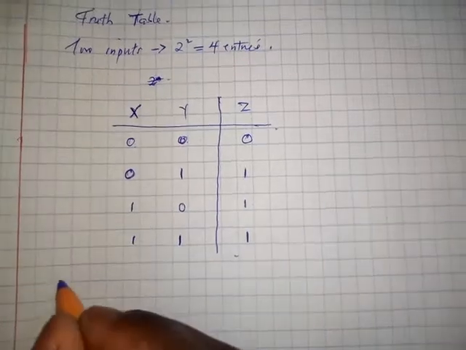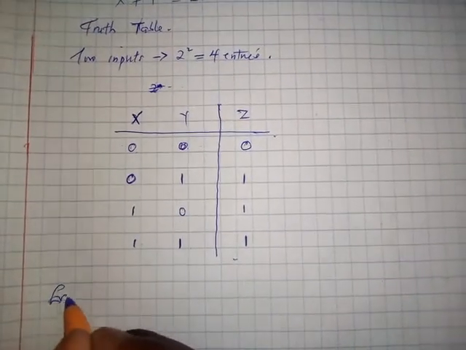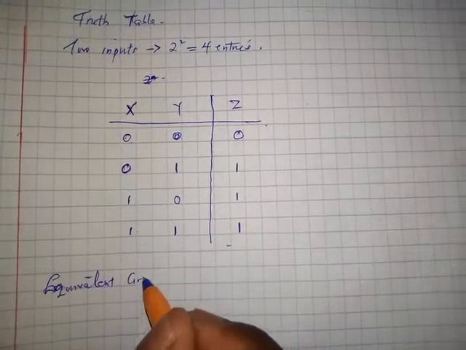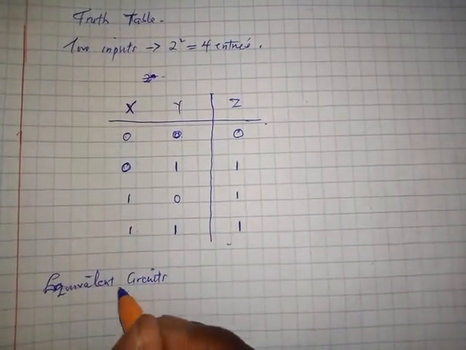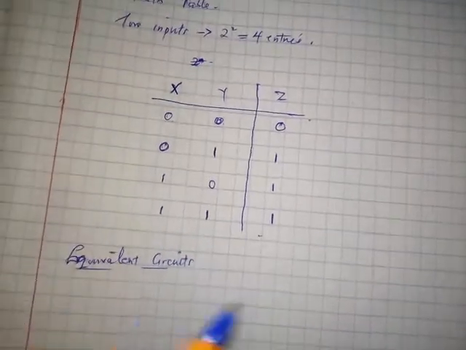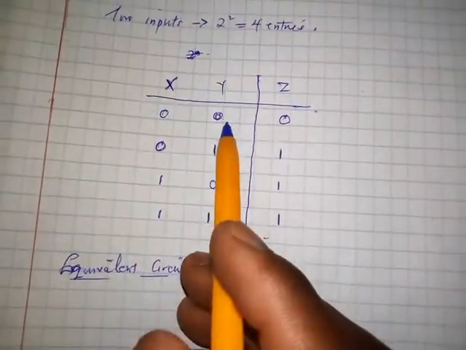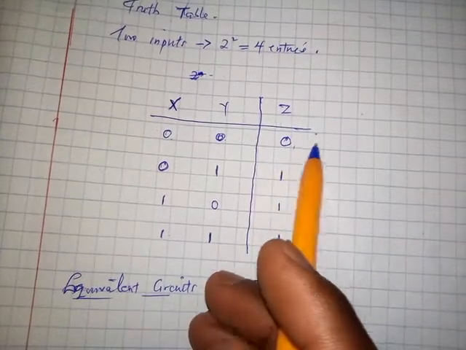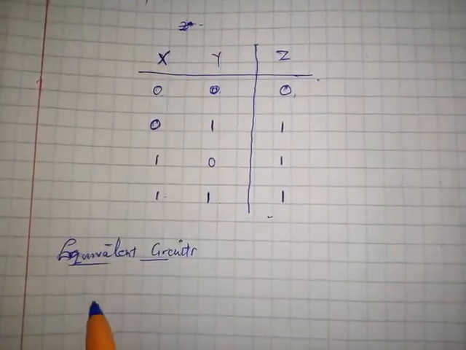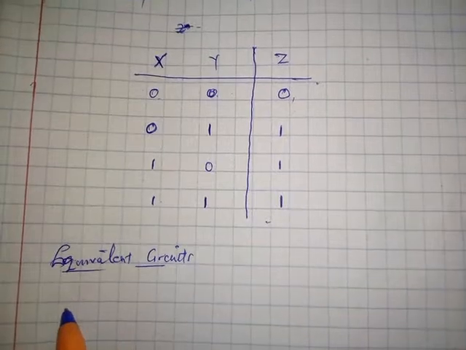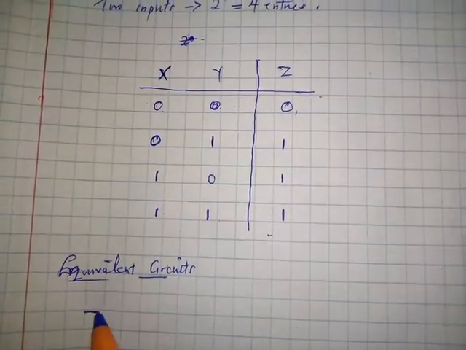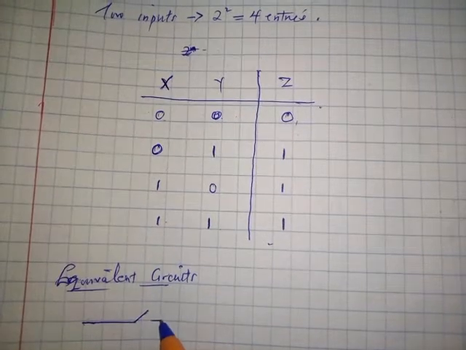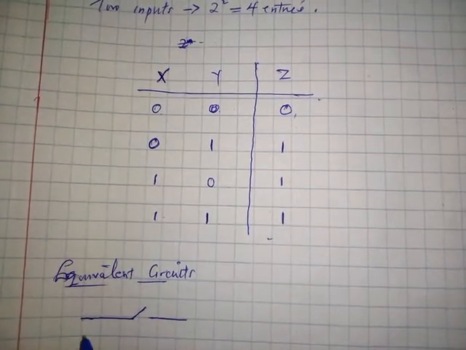So, equivalent circuits. When X is 0, Y is 0, Z is 0, so the equivalent circuit will be this way.